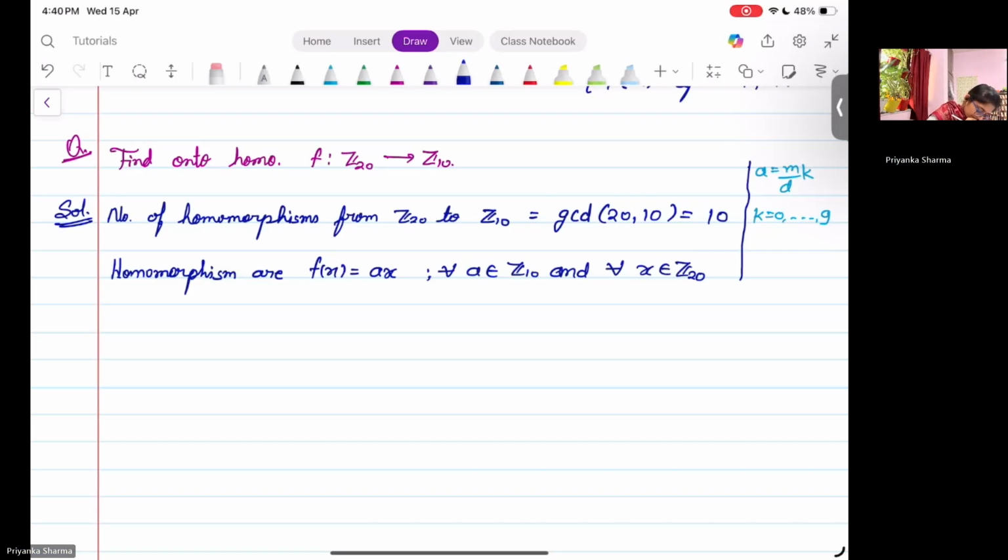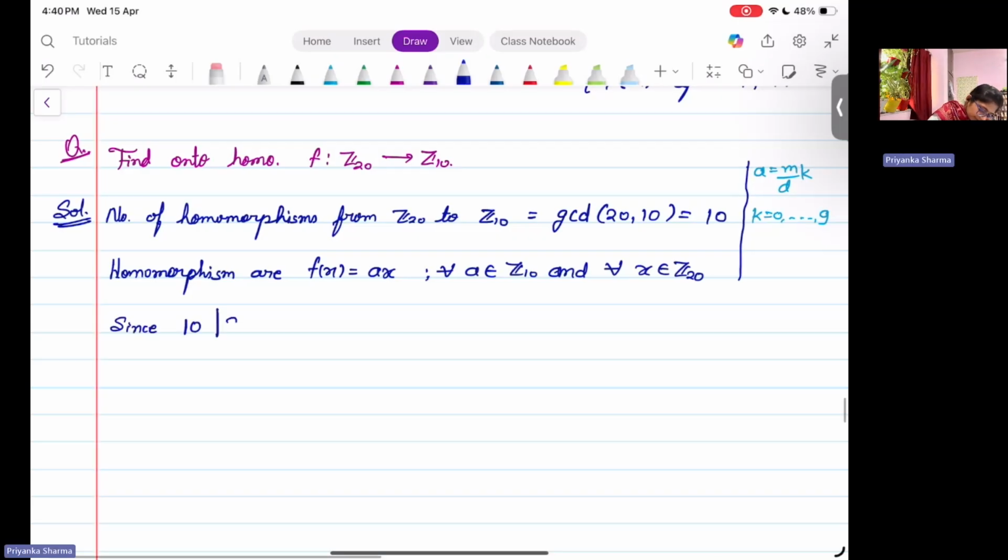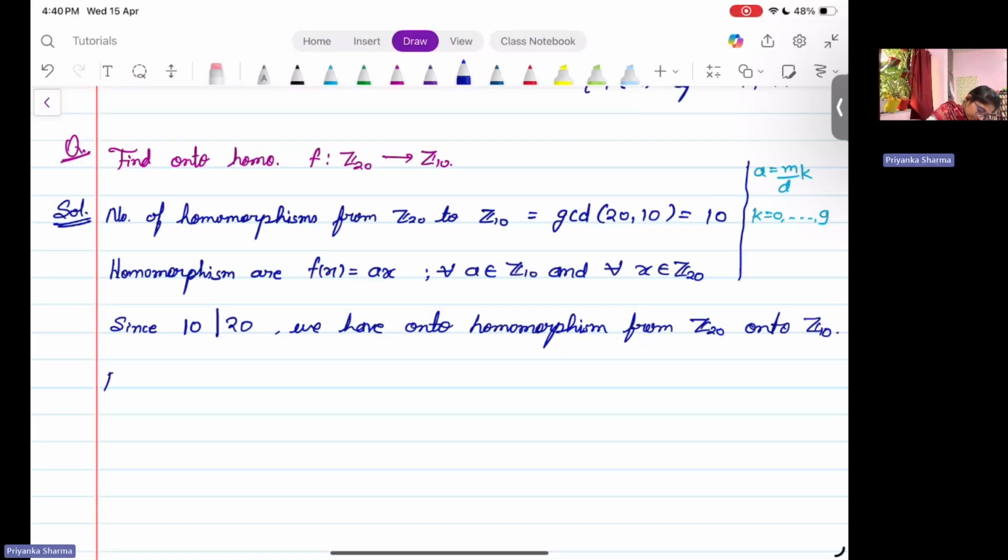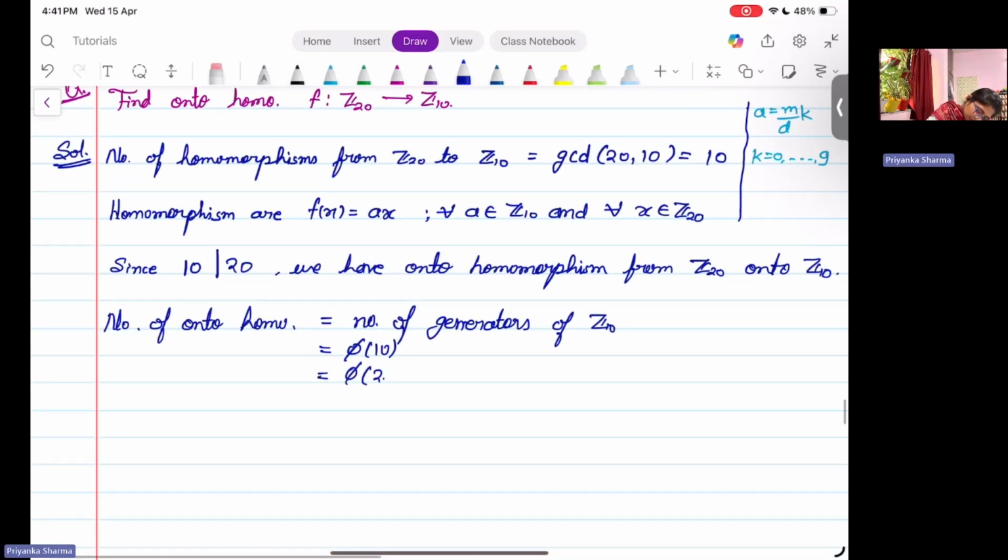Now we have 10 homomorphisms, but out of these 10 homomorphisms, how many are onto as well? Since 10 divides 20, we have onto homomorphisms from Z20 onto Z10, and the number of onto homomorphisms is the number of generators of Z10, that is phi of 10, which is phi of 2 into 5, and 2 and 5 are co-prime.